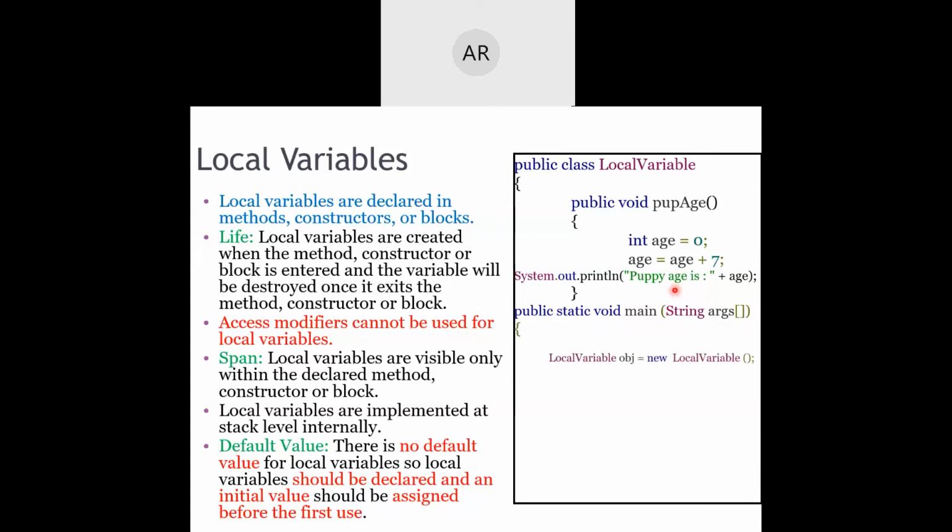So inside void main we'll make an object of the LocalVariable class which we have created here. LocalVariable obj = new LocalVariable(). This was the same syntax which you followed in C++. It is followed the same way here also. There is no further change.